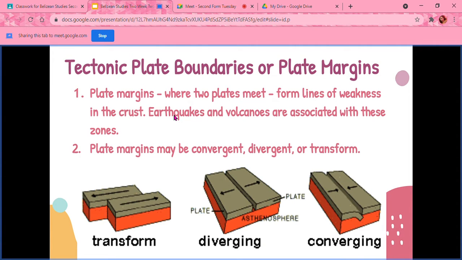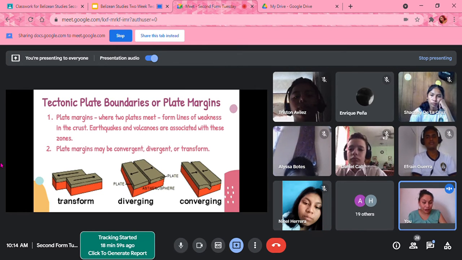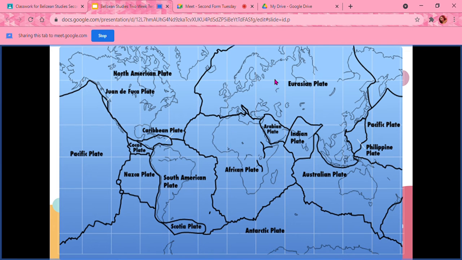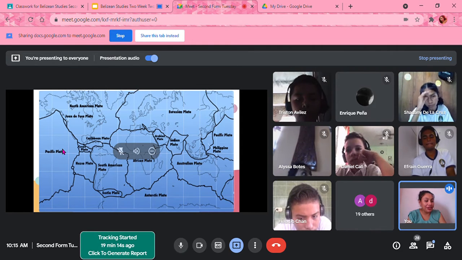So, talking about tectonic plate boundaries or plate margins. In the previous diagram, we looked at the different plates. We are going to be looking at the movement. So, when the Eurasian plate moves, where is it going to move if we have all of these plate tectonics close to each other, right?